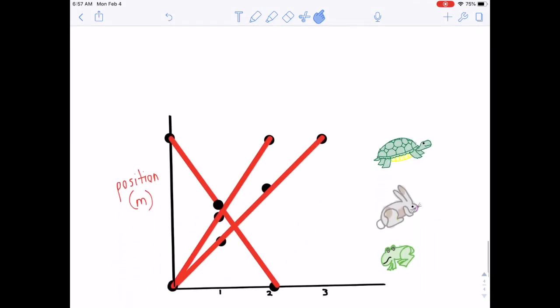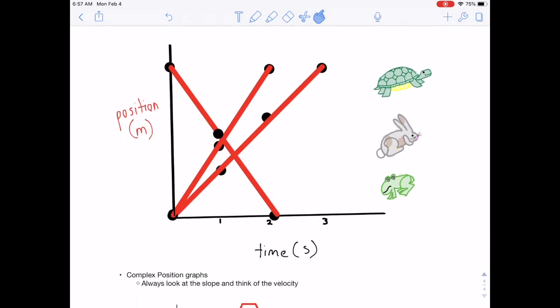Right? So if we look at these three different lines, we can guess or match which slope matches which velocity and which velocity matches which creature here. If we look at which slope is the steepest, this slope right here is the steepest. It's got the highest rise over run, and that's got to belong to Mr. Rabbit here, or the hare.